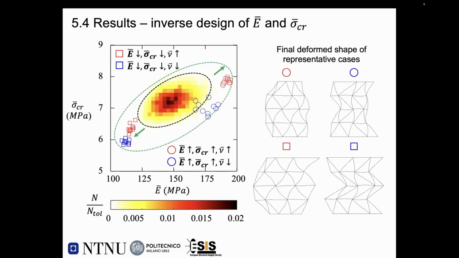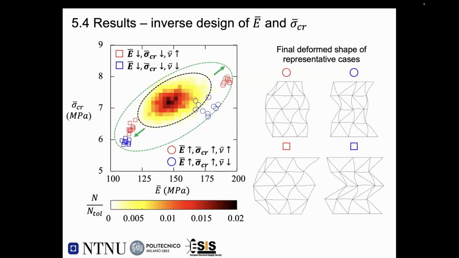Now I want to show you the final result. The final shape is difficult to see. But if we look at the left figures, the first figure is about the inverse design of the effective stiffness and also effective strength. The black dashed line represents our original data. That means the machine learning algorithm can only see these regions.